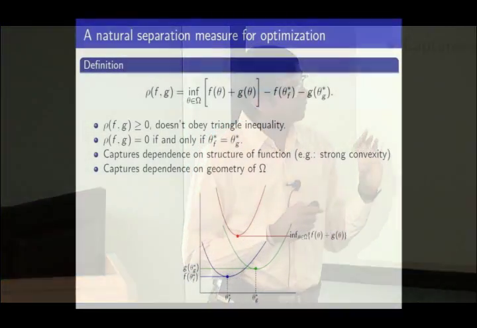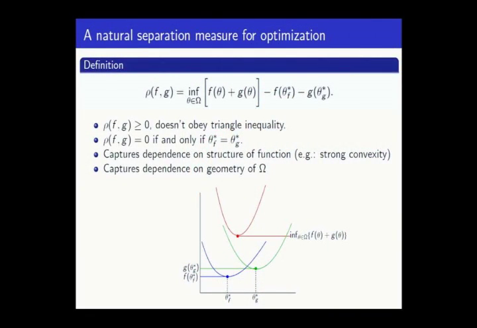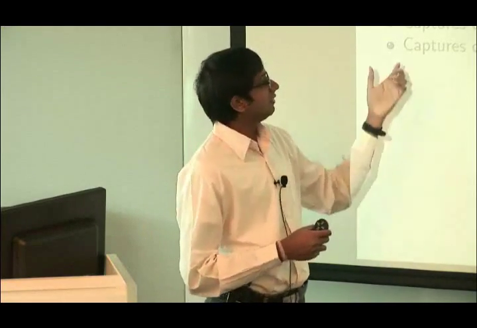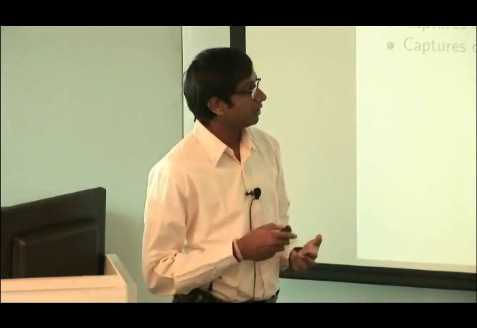But once you have this packing set, you can use this metric, which captures a lot of properties of the function class. So things like strong convexity just naturally enter the results through the metric we use. And I did not talk about how the geometry of the parameter set enters the results, and that naturally enters when you try to construct packings in this metric. It just automatically shows up.